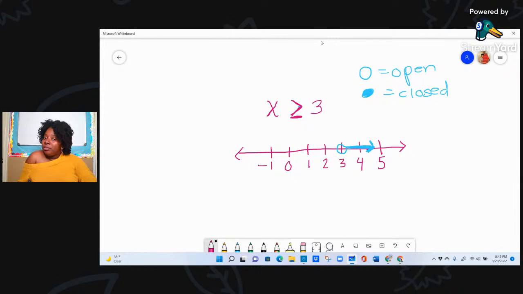So it's still going to the right. It's all the numbers that are greater than 3. But 3 is now included. And when I can include that number, it's going to be a closed circle. Okay? So when you see this equal to sign, it's a closed circle. If it's no equal to and it's just open like this, it's an open circle. Got it?